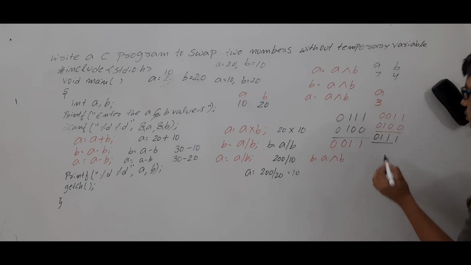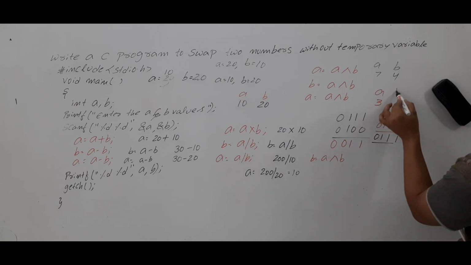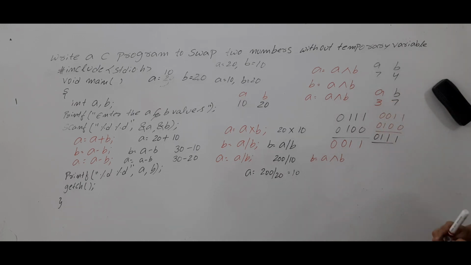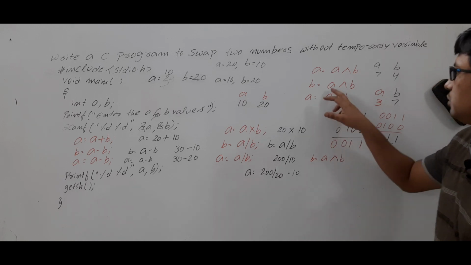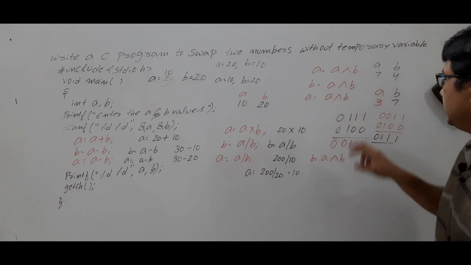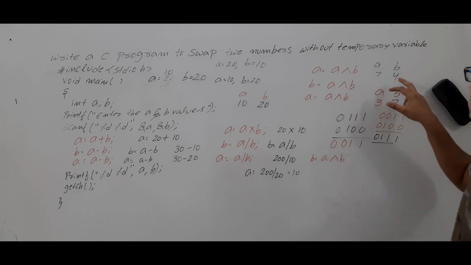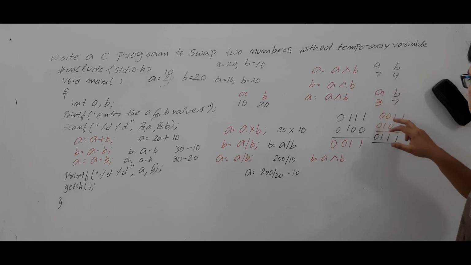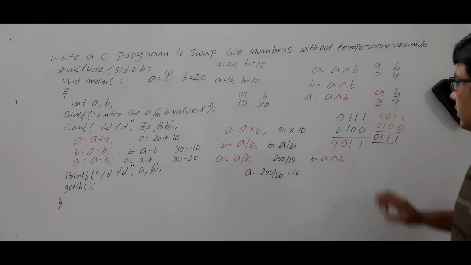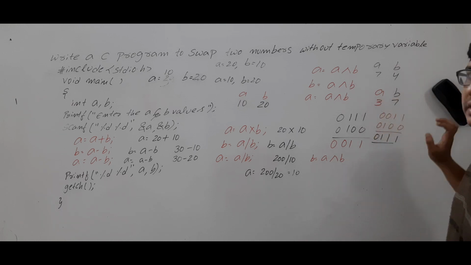This is 0. So you are getting the B value as 7. See, A is updated to 3 and B value is still 4. I have performed 3 exclusive OR 4. I got the 7. Now A is 3, B is 7.